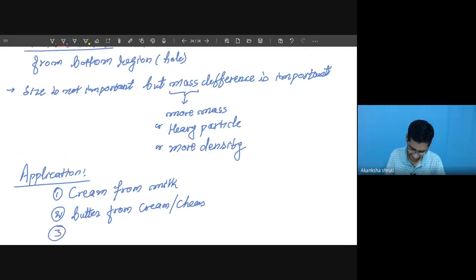The third one is used in lab tests or pathological lab tests for blood and urine. This thing you have to keep in mind.